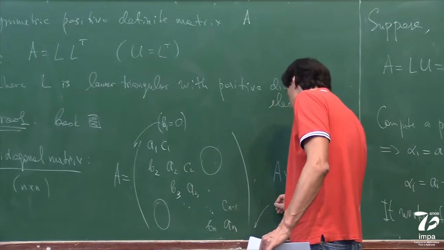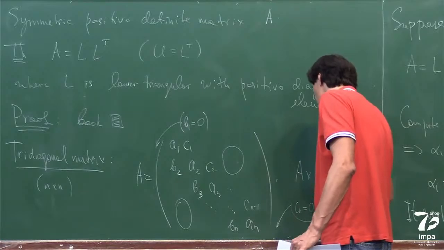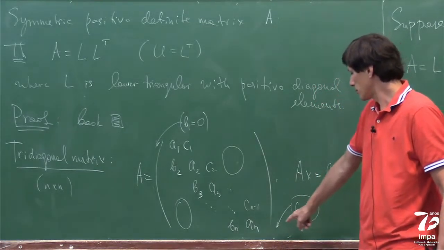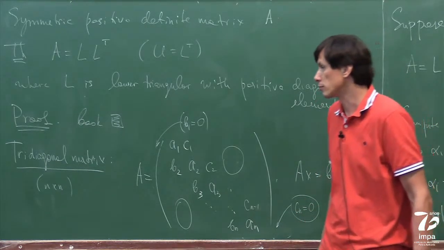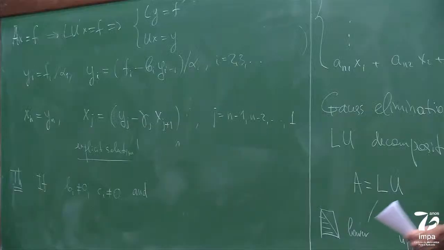So let's say that Cn is also 0. Right? So that's, there is missing, it falls out. So Cn is 0.